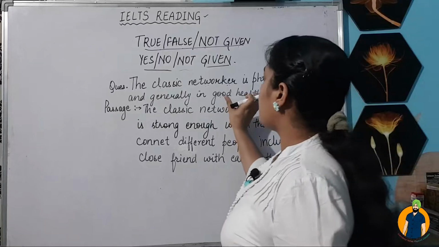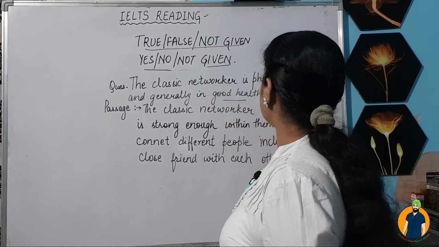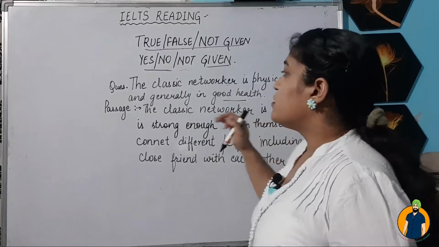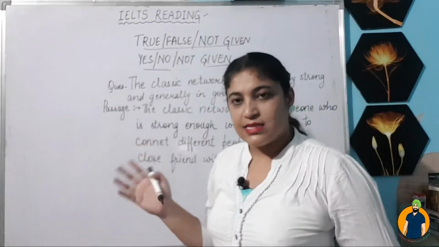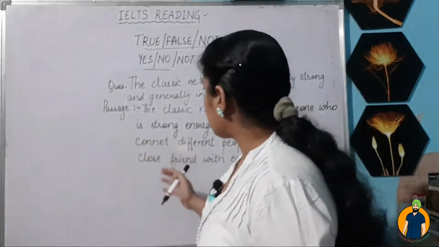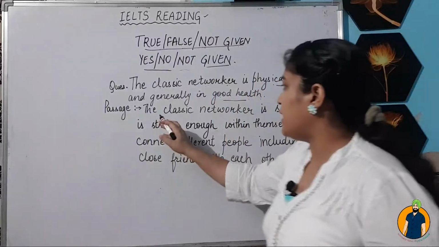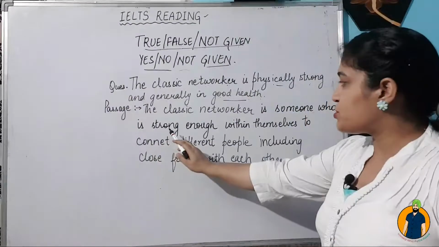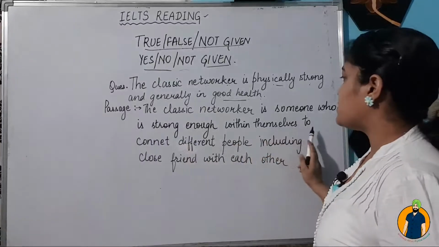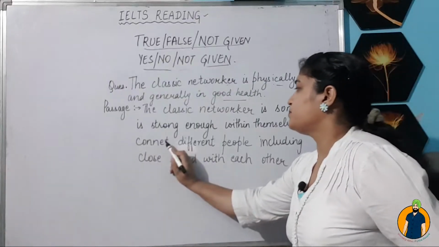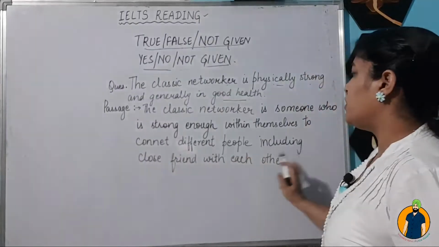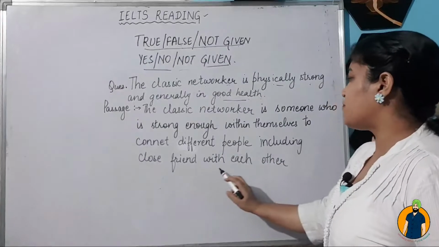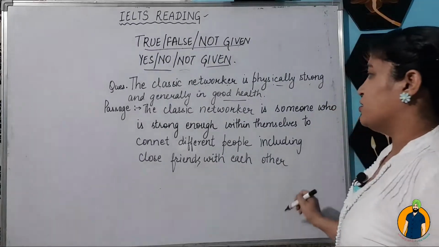He is talking about the general good health as well as the physical strength of the classic networker. And what is given in the passage? It is given that the classic networker is someone who is strong enough within themselves to connect different people, including close friends, with each other.